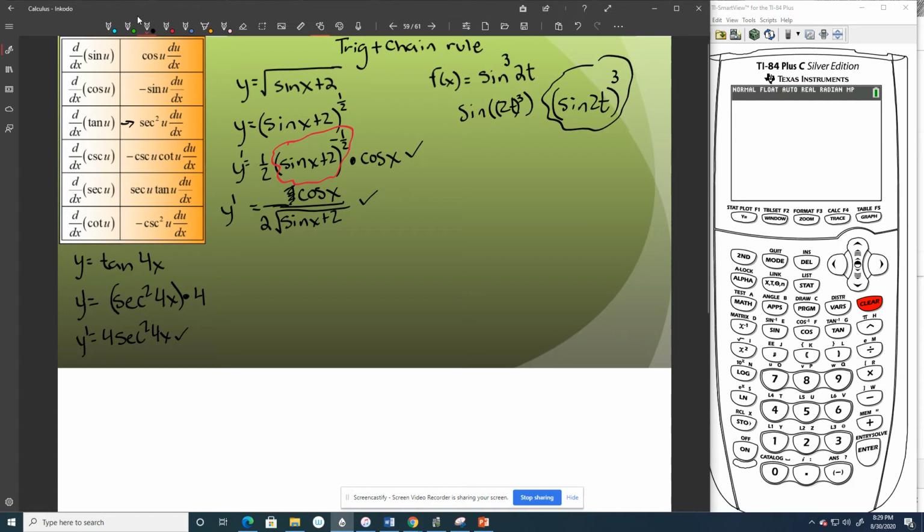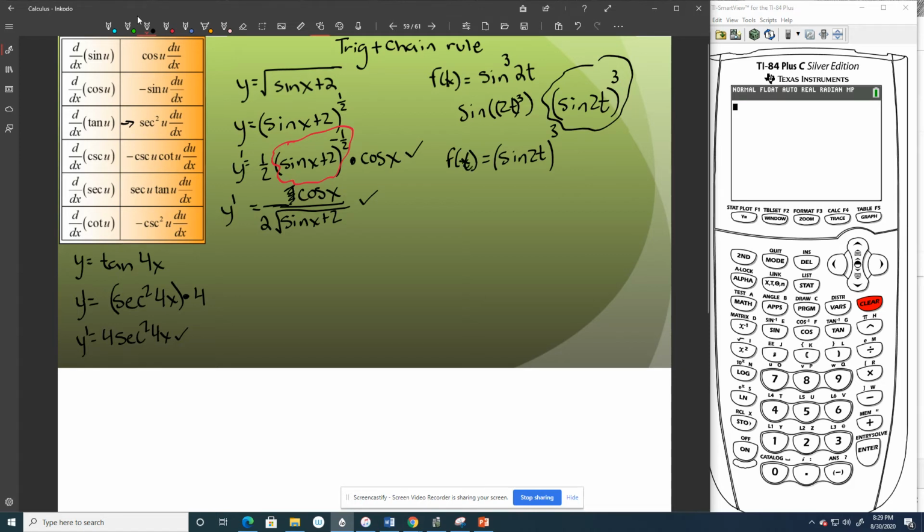That 3 is saying that the entire thing is being cubed. So when I rewrite that, just so it makes my power rule a little bit easier, I'm going to change this f of x equals the sine of 2t, and I'm going to put parentheses and put my cubed up here. I guess I should make this f of t, huh?